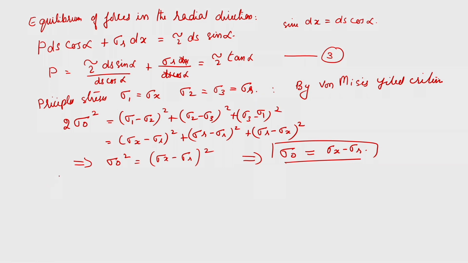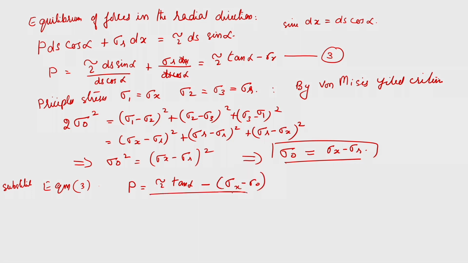From that, if you substitute into equation 3, we will get P is equal to tau tan alpha plus sigma r, where sigma r is equal to sigma x minus sigma 0.